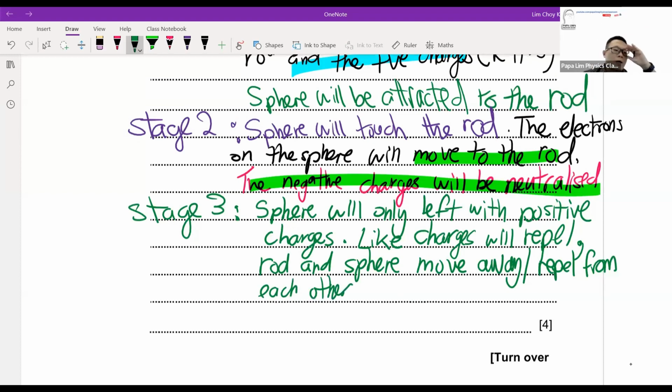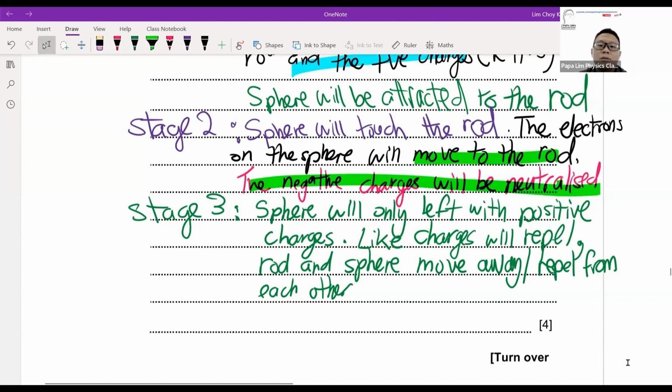So this is what happened in the whole cycle. At the beginning you have a positive charge rod, and you move it nearer to the sphere, which is a conductor. The sphere will be attracted to the rod because unlike charges attract. Then when they physically touch, the electrons from the metal sphere will move over, be transferred over to the positive rod.